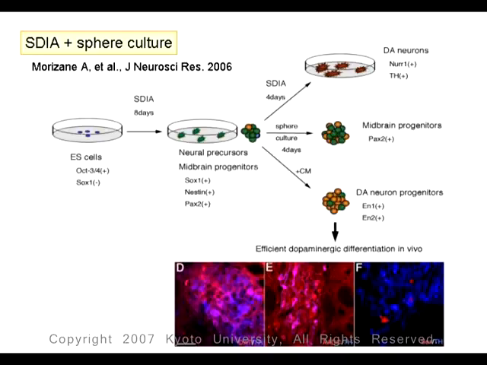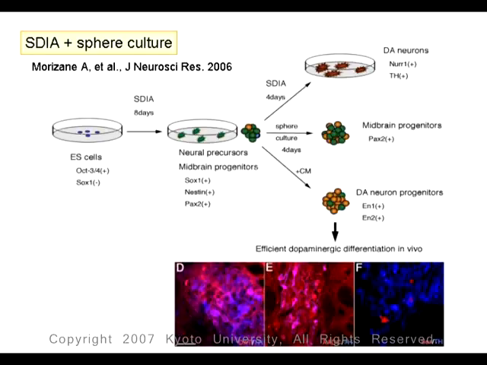But we detach the colonies from this point and continue the culture as floating neurosphere cultures. If you culture these neurospheres without serum and with FGF2, these immature precursors expand as immature neural stem cells.